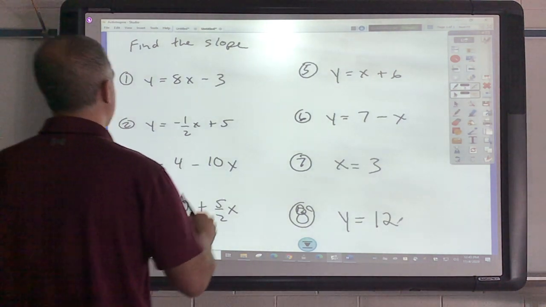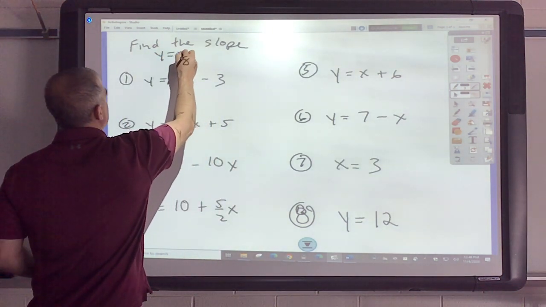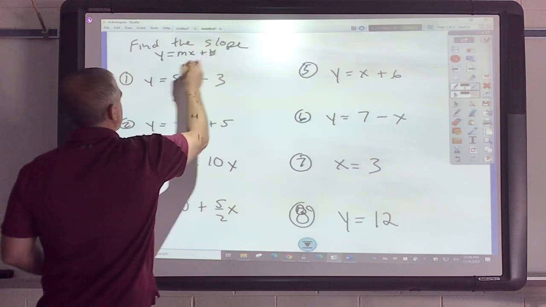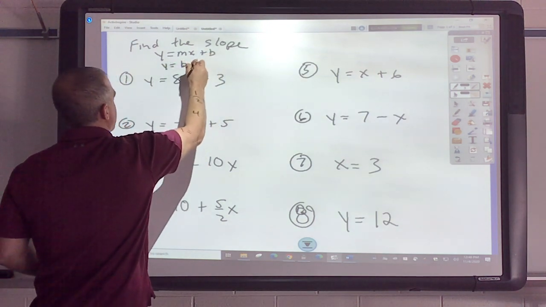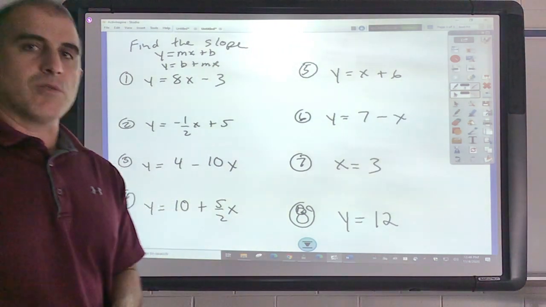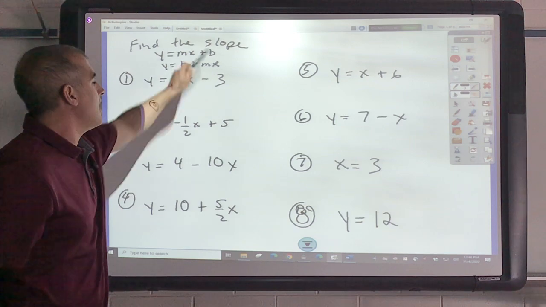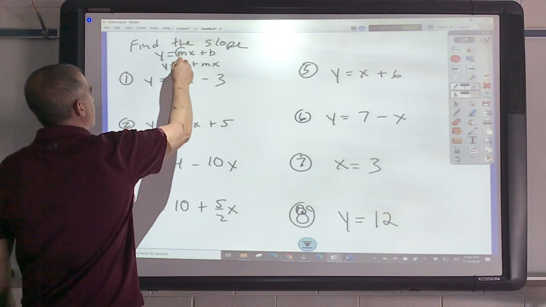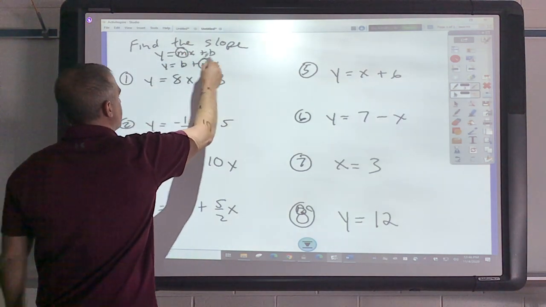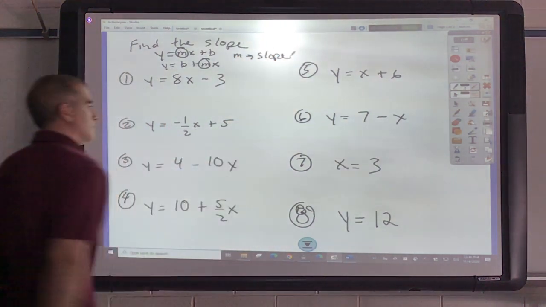Now, a couple things. y equals mx plus b, y equals b plus mx. Let me explain what that means. If you have a y equals and the x on the other side, whatever number is in front of x is considered the slope.